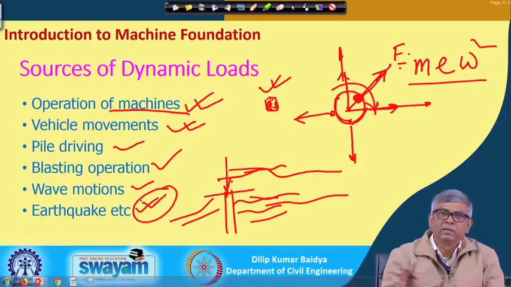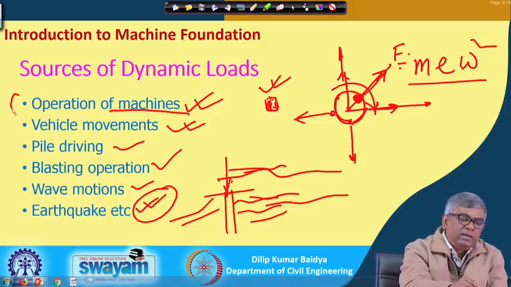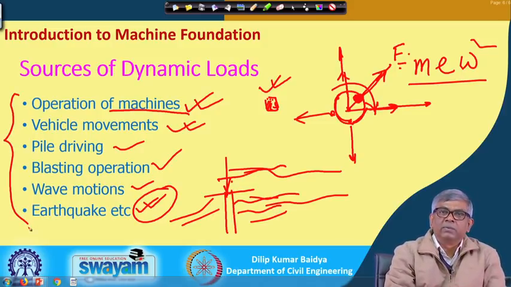There are different areas on how to calculate earthquake loading. We are not discussing that; we are only highlighting the different sources of dynamic load which come to the building or foundation.